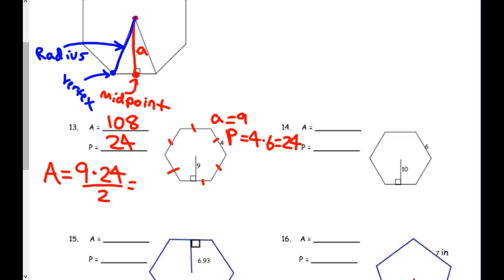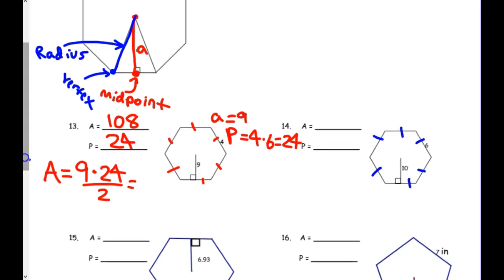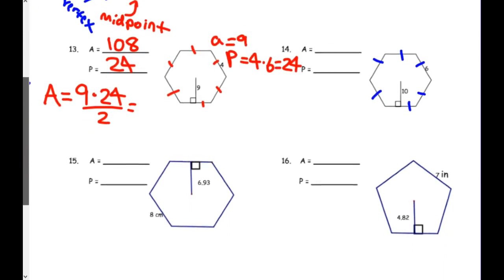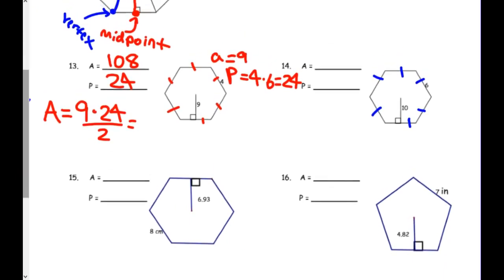All right, let's go over here to number 14. My side length is 6, and I have 1, 2, 3, 4, 5, 6, okay? Now, 13, 14, 15 are all 6-sided. I'm telling you, they're not always 6-sided, so don't get in the habit of that, okay? But on this one, I have for perimeter 6 times 6, which is 36. Right? 6 times 6, 36. That's an equal sign right there. Sorry.